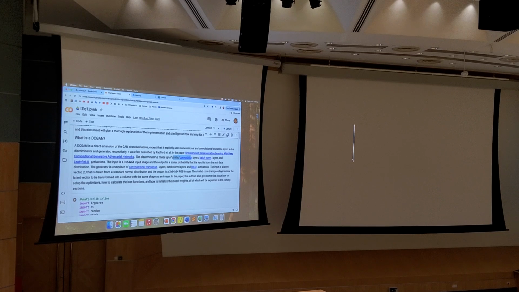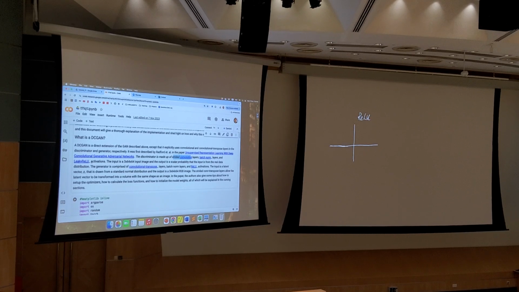For the ReLU function, you have your activation being 0 at the negative regime and being a linear function at the positive regime. That's ReLU.